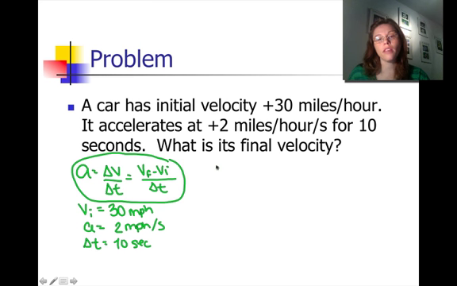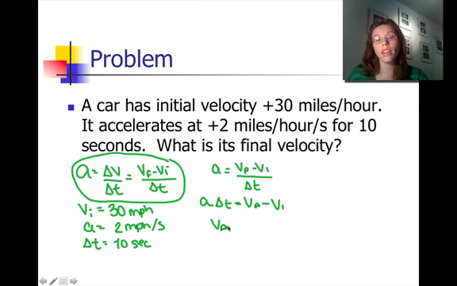So acceleration is equal to Vf minus Vi divided by change in time. Multiply both sides by change in time. Acceleration times change in time is equal to Vf minus Vi. And then add Vi to both sides.